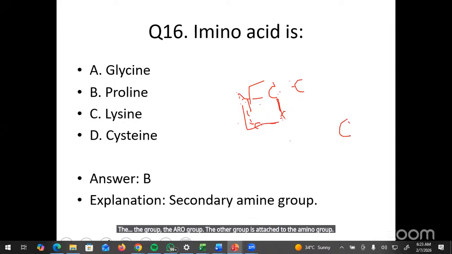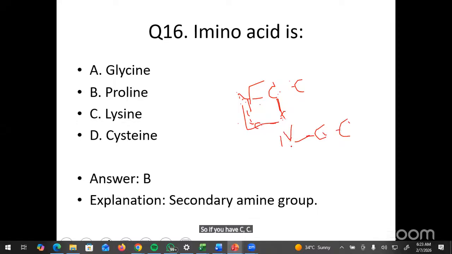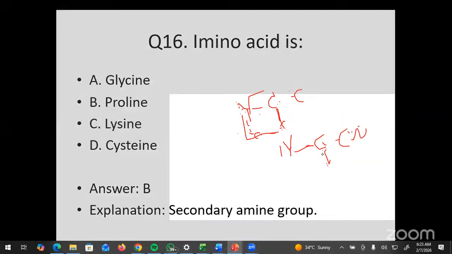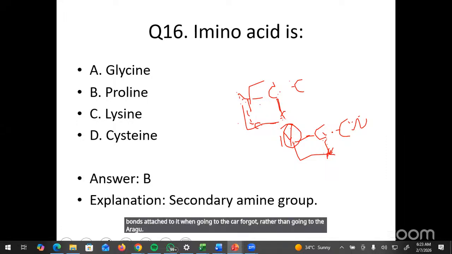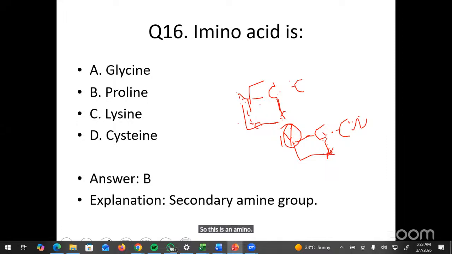So if you have C, C, and this COO, then the R group that's supposed to be here is attached to the amino group. So this amino group becomes a secondary amino group because it has two bonds attached to it, one going to the alpha carbon, the other one going to the R group. So we say it's an imino acid.